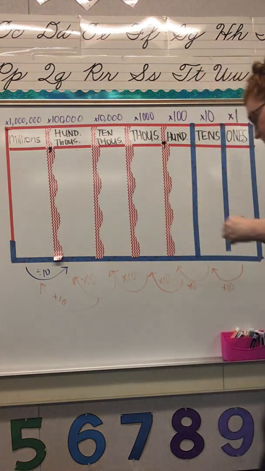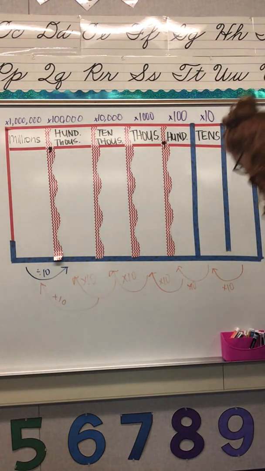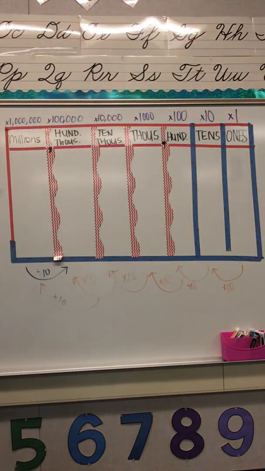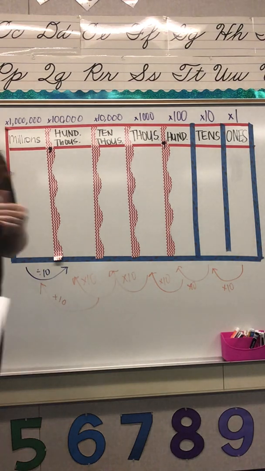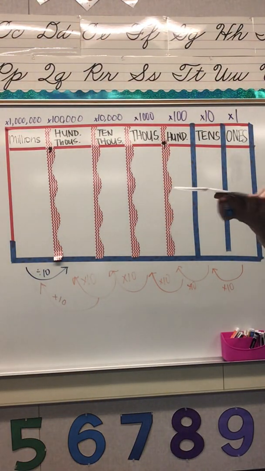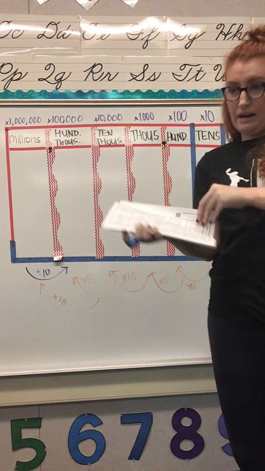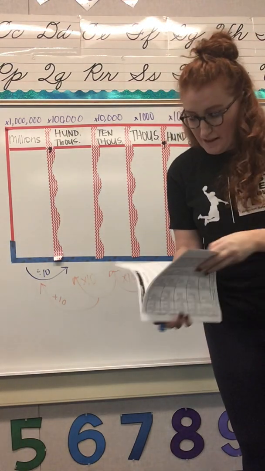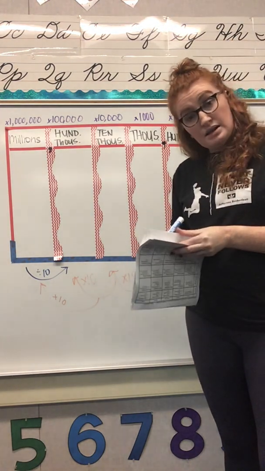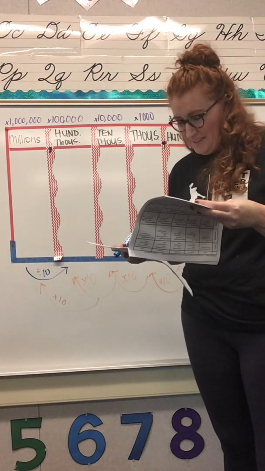Okay, so right now we're going to go over a little bit of the packet, the place value worksheets. I know that we kind of messed it up a little bit, not realizing that we have Monday off. But I still would like you to do the practice if you can fit it into your day.